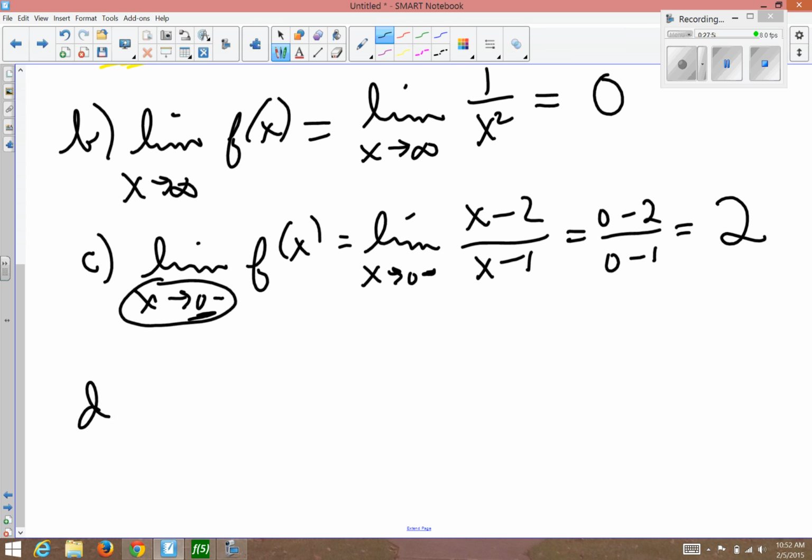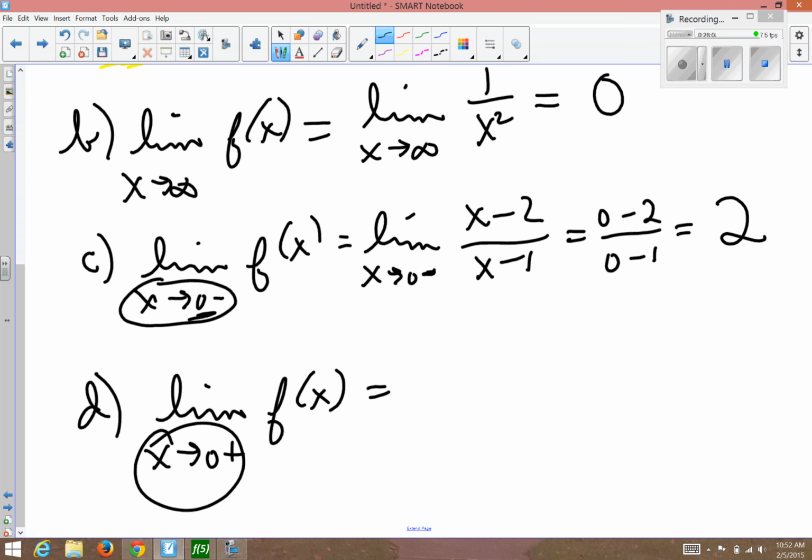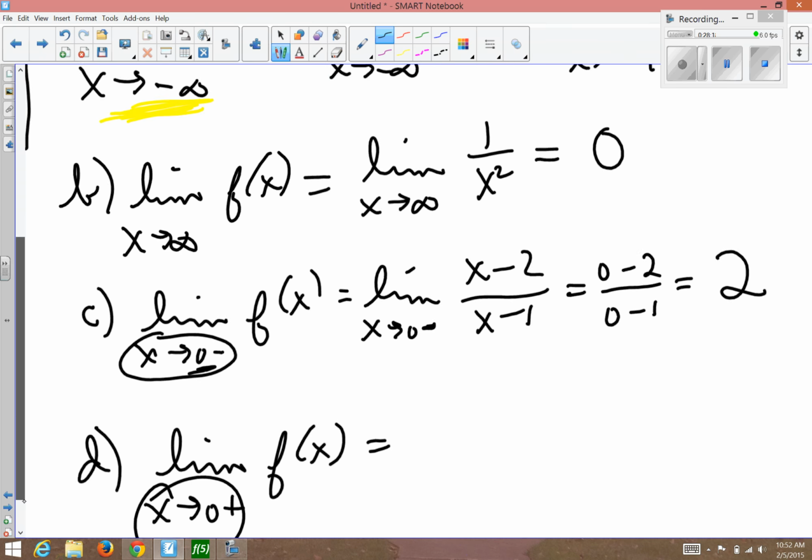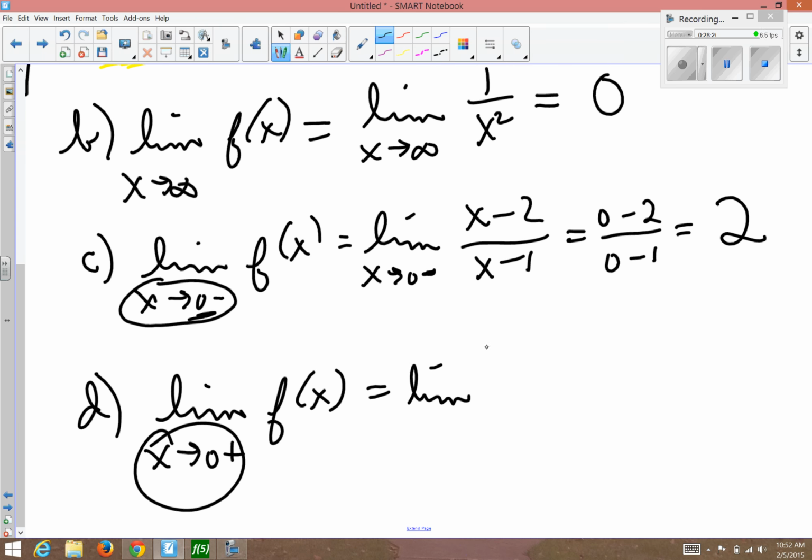And then part D, the limit of f of x as x approaches 0 from the right. This time, since x is approaching 0 from the right, on the right side of 0, this is f of x in the purple. So part D, the question becomes find the limit of 1 over x squared as x approaches 0 from the right.